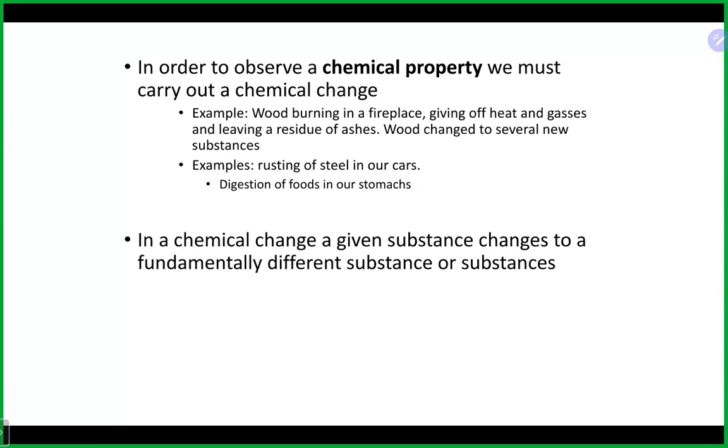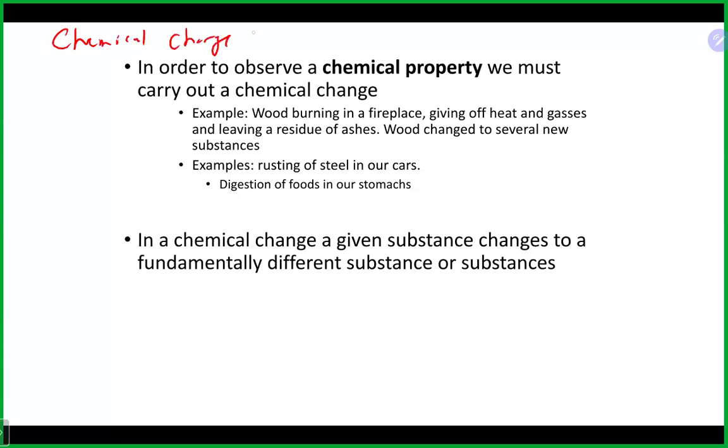Now, in a chemical property, a lot of times when we look at a chemical property, we must carry out a chemical change. And a chemical change is definitely different than what we have with a physical change. In a chemical change, basically the opposite is true.